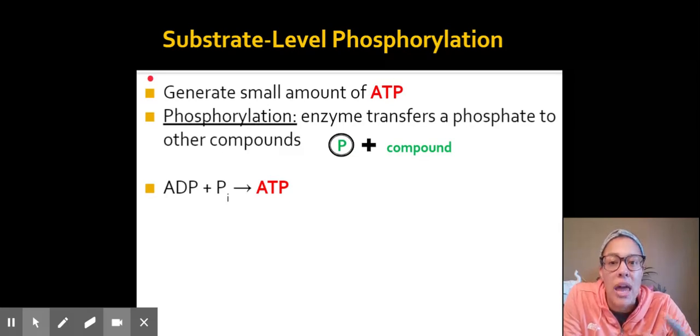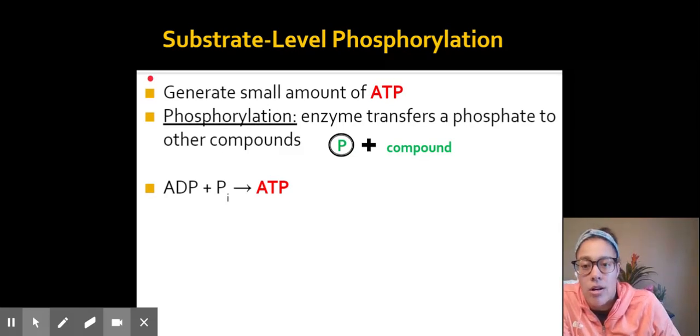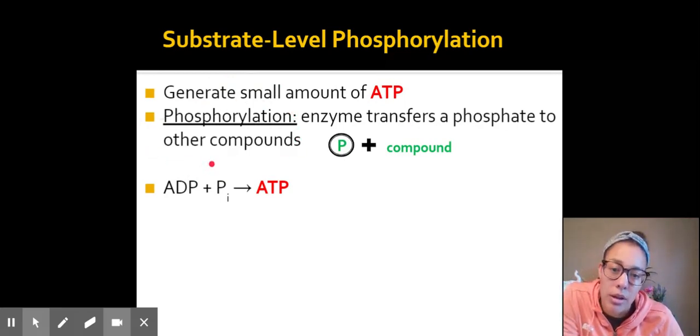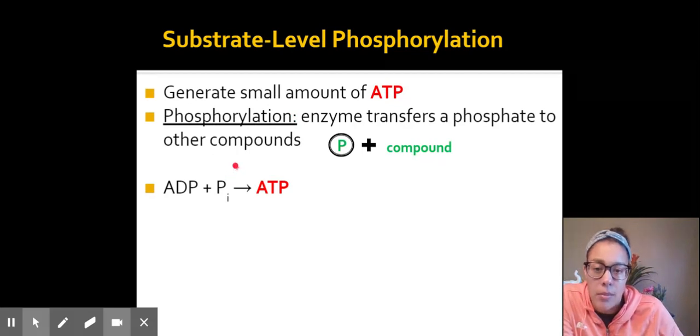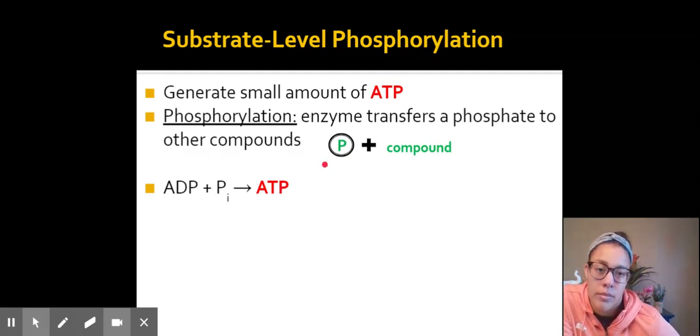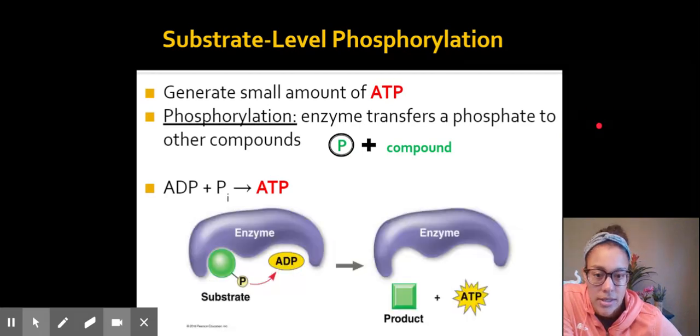Then when we're generating ATP later on in the energy payoff phase, that's where the phosphorylation happens to our ADP molecule and the Pi, or the inorganic phosphate. So it's going to convert it back to ATP, our energy molecule. So that's kind of the process for that.